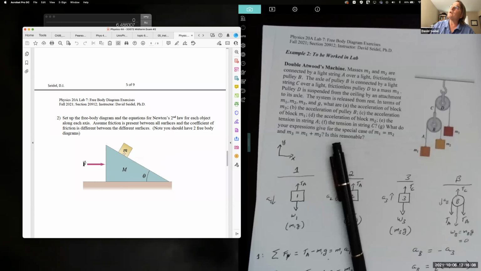You also have the friction of big M when it's acting on little m. That's a force on little m. And you have friction of little m acting on big M. Those have to be moving in opposite directions. And it's not obvious that little m would be sliding down the plane or going up the plane.